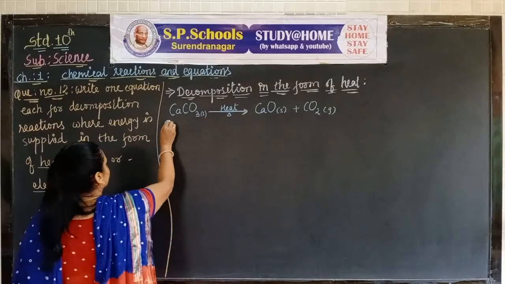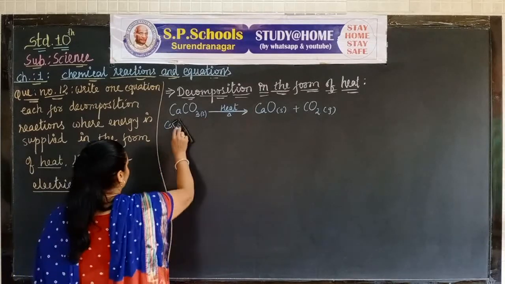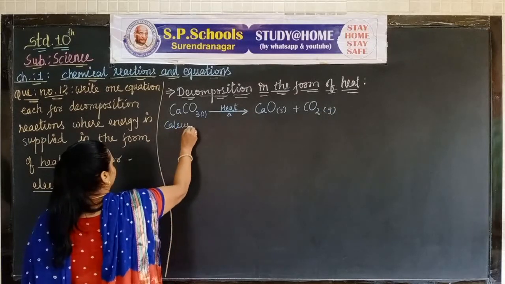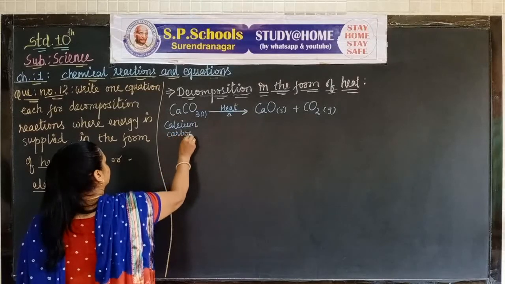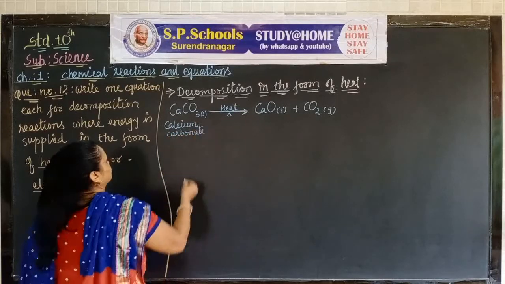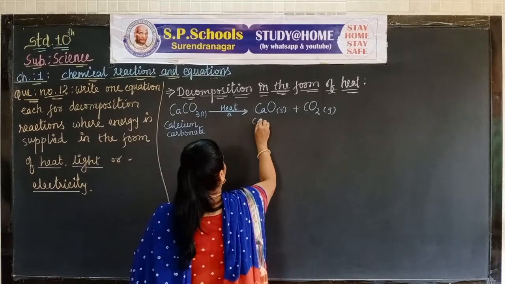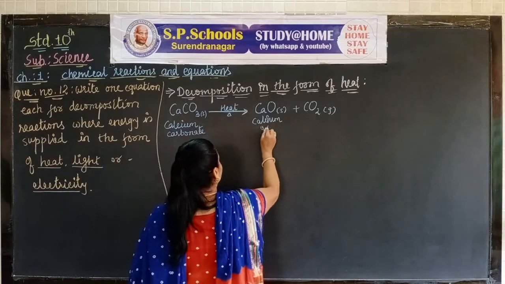Name this: calcium carbonate, form of calcium oxide.